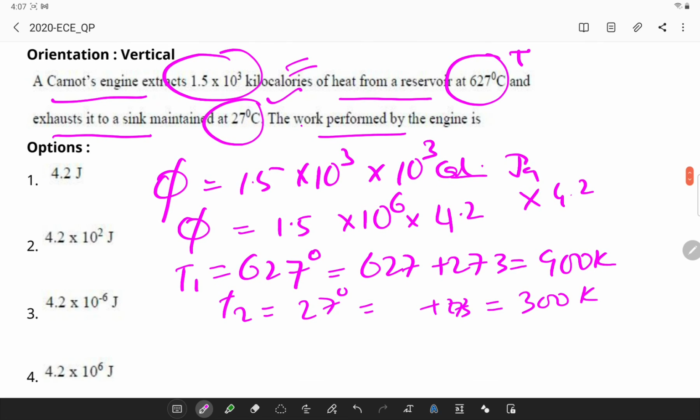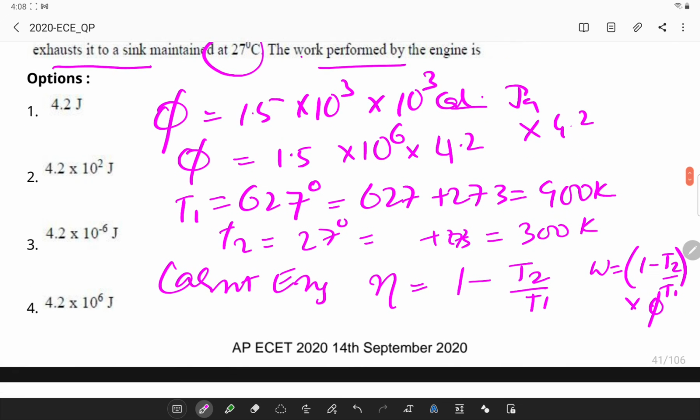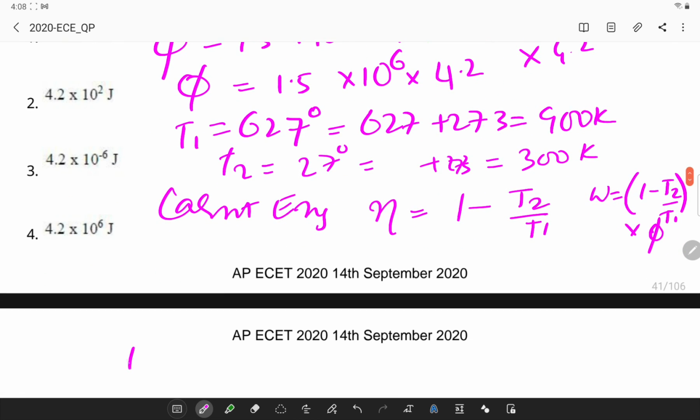Now what is it? It is a Carnot engine. For a Carnot engine, efficiency will be 1 minus T2 by T1, and work is nothing but 1 minus T2 by T1 into Q. So if you remember, the ratio of T2 by T1 is 300 by 900, or it is 1 by 3.